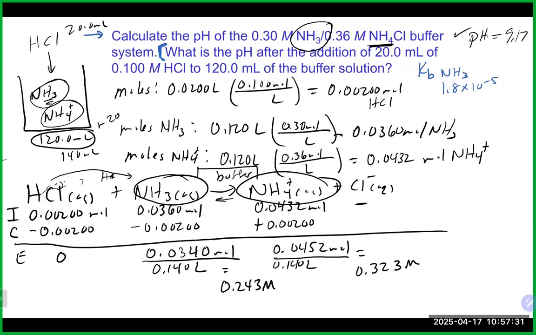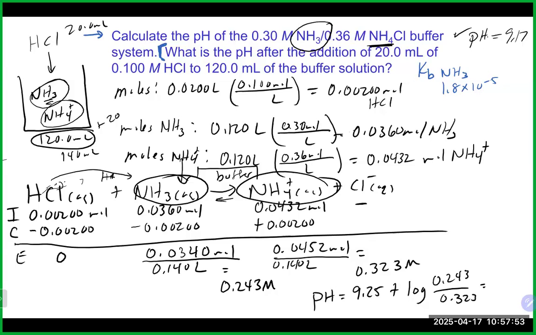Going into our Henderson-Hasselbalch, because it's still a buffer, 9.25 for our pKa value, plus the log of our base, which once again is over here. So 0.243 divided by 0.323. Let's see how I did on my made up numbers here.